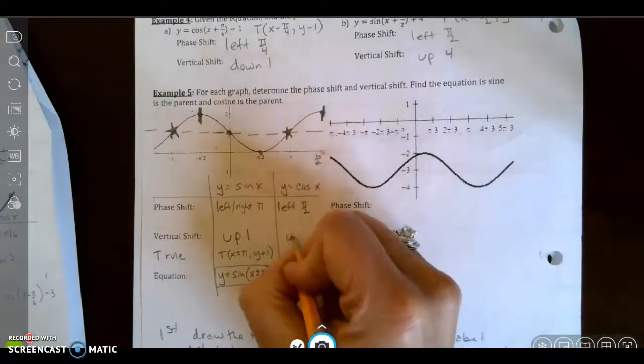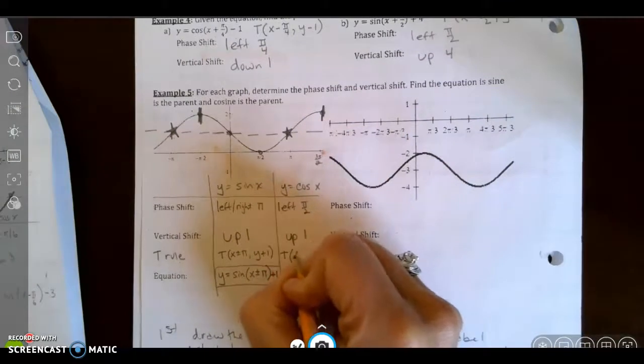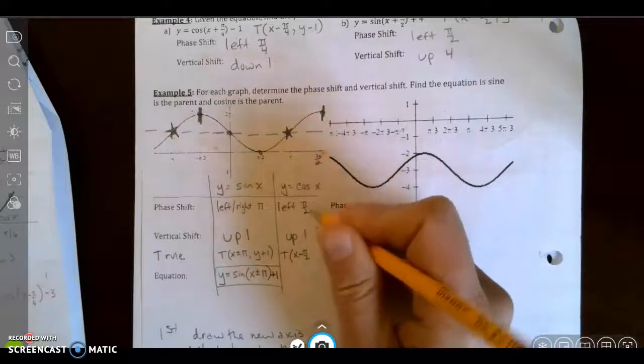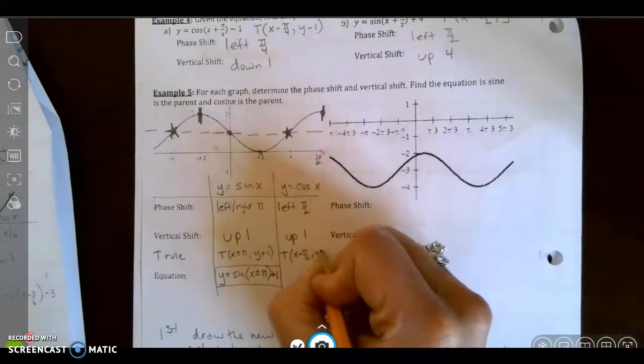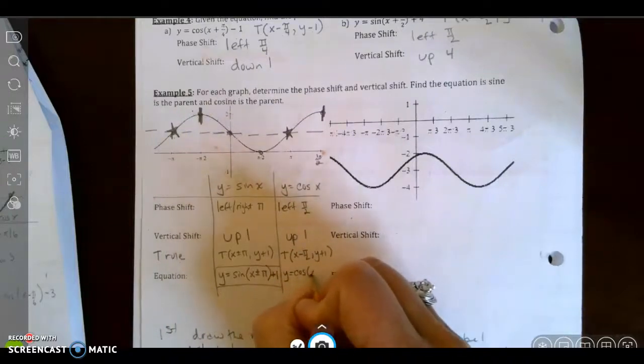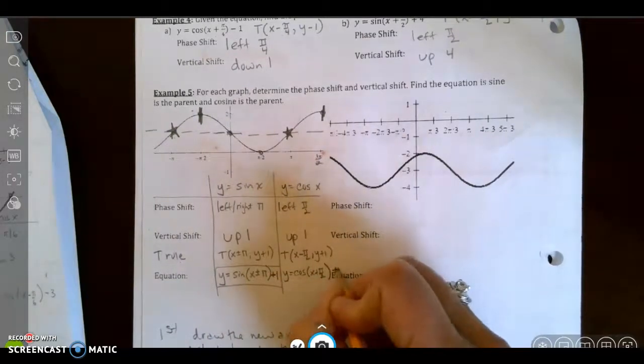I moved up 1. My translation rule then is x minus pi over 2, because the rule doesn't lie, y plus 1. So my equation is y equals the cosine of x plus pi over 2, plus 1.